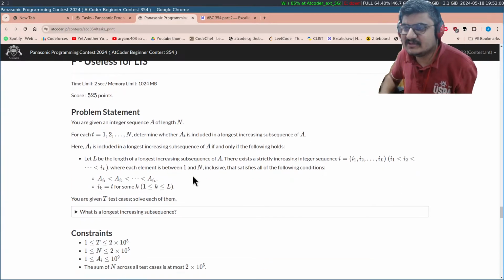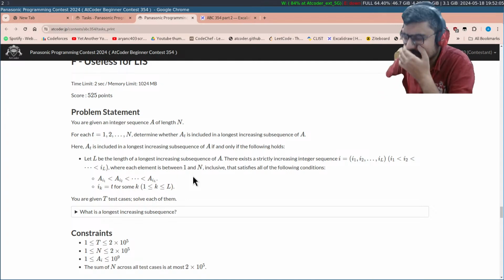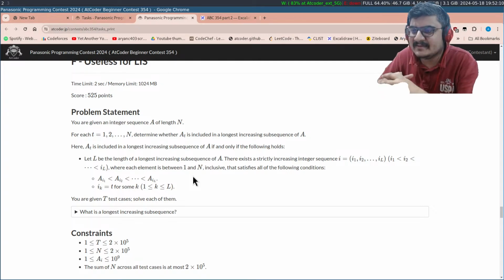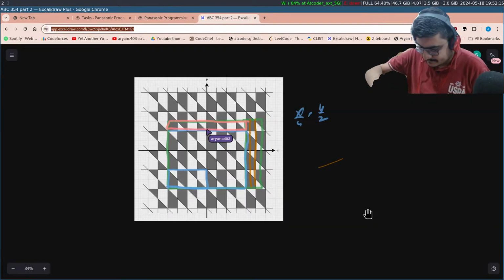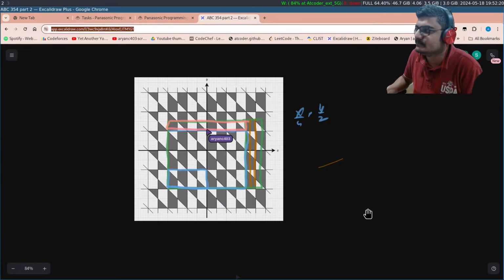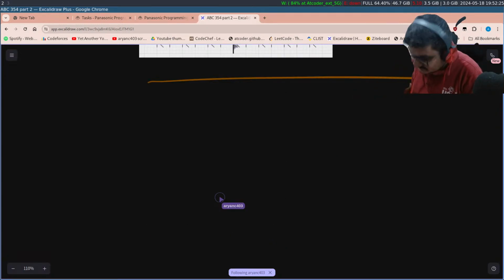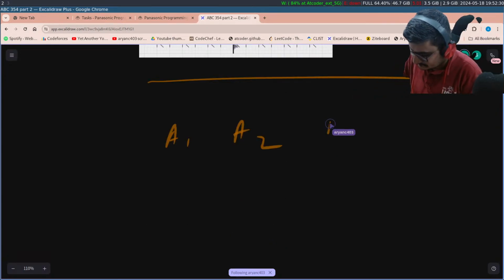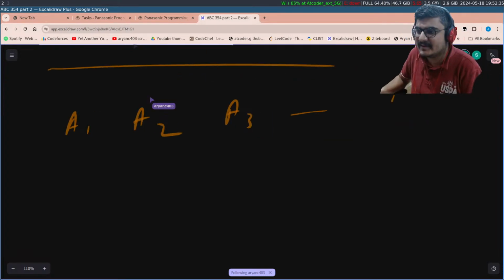The next problem says, useless LIS. You are given an integer sequence a of length n. For each t from 1 to n, determine whether it is included in the longest increasing sequence of a. Basically, what the problem statement says is, we have some cards a1, a2, a3 up to an.